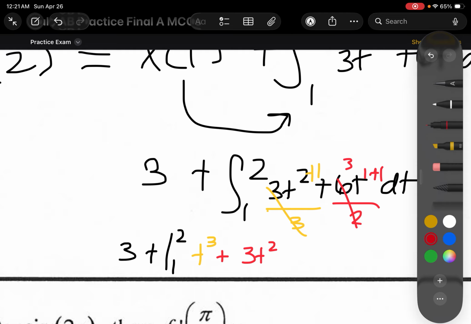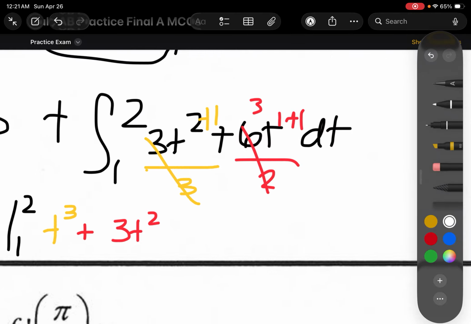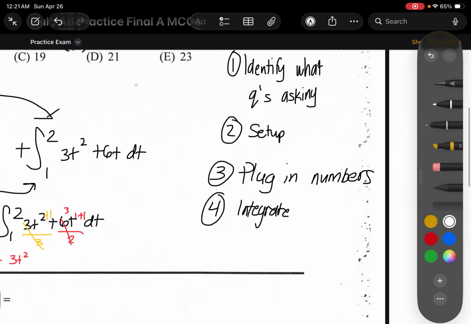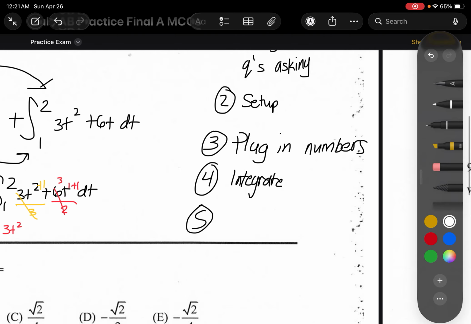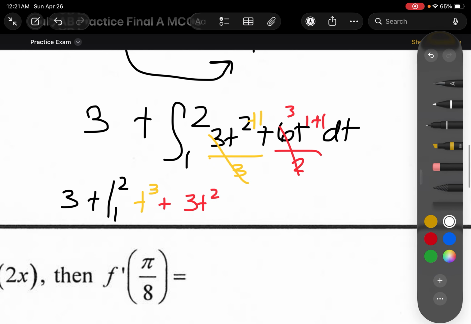And now we're going to apply the fundamental theorem of calculus. Basically the fundamental theorem of calculus says if you have a definite integral, how that works when you apply that to the function is you apply the upper limit to the function minus the lower limit applied to the function.